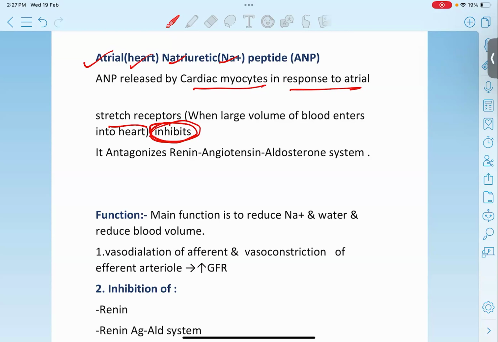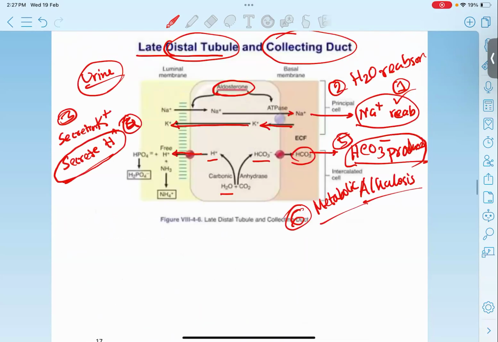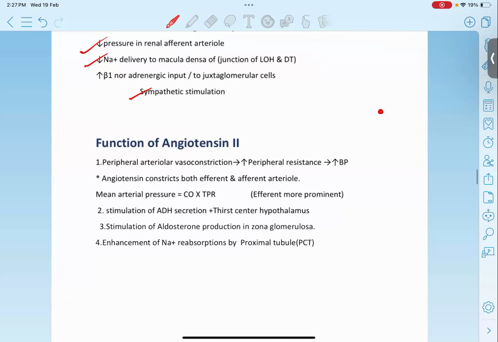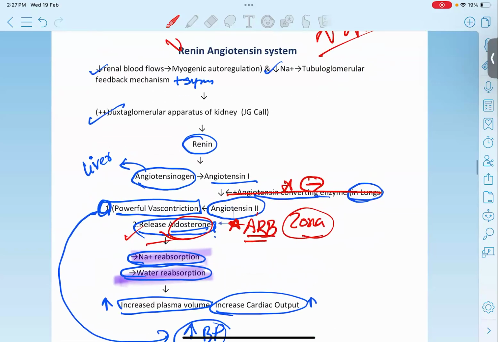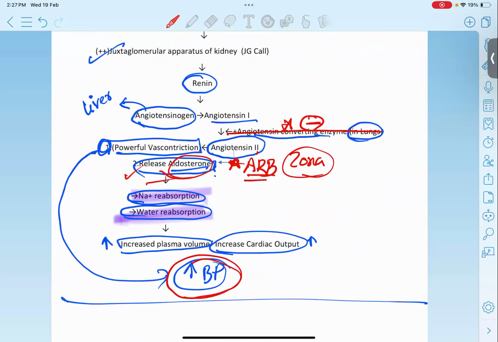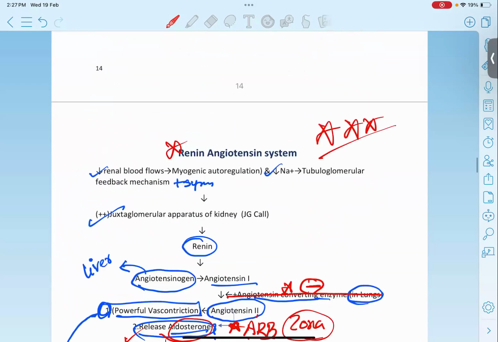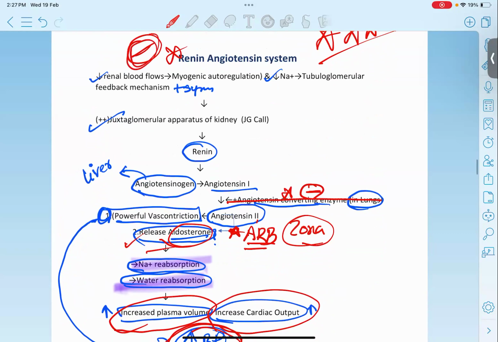It inhibits a lot of things. I will tell you what they are. Mainly it inhibits or antagonizes the renin angiotensin aldosterone system. As we just went through, the function of the renin angiotensin aldosterone system is to increase plasma volume, increase cardiac output, increase blood pressure. So this ANP will inhibit the whole system.